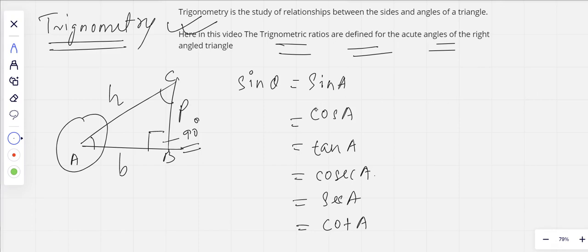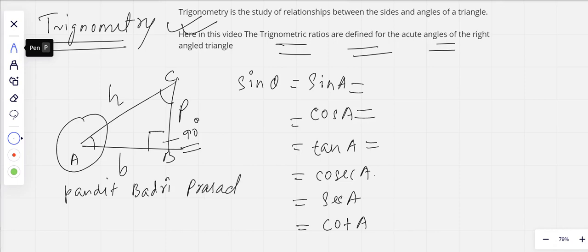Now, there is a shortcut to remember the ratios of sine A, cos A and tan A, just to memorize in case you forget. There is something called Pandit Badri Prasad Har Har Bole.